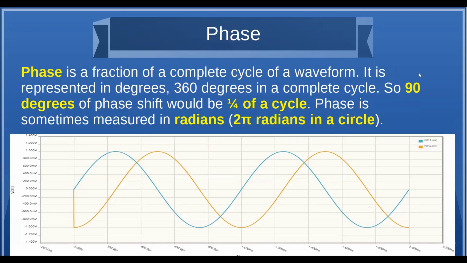Now, we also will talk a little bit about phase, and it'll come up later. I defined it as the fraction of a complete cycle of the waveform. And we can represent it in degrees, where we assume there are 360 degrees in a complete cycle. Now, that's not exactly arbitrary.